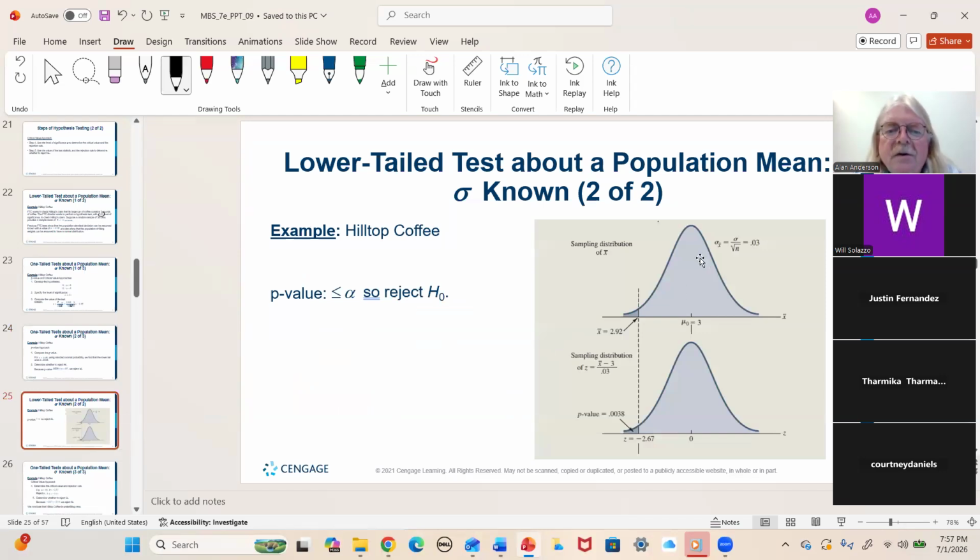What they're showing here is why both approaches have to give you the same answer, because a sample mean of 2.92 is the same thing as a p-value of 0.0038 or a z-score of negative 2.67. They have to be consistent with each other. In other words, they're so far below the mean that we have to reject the null.